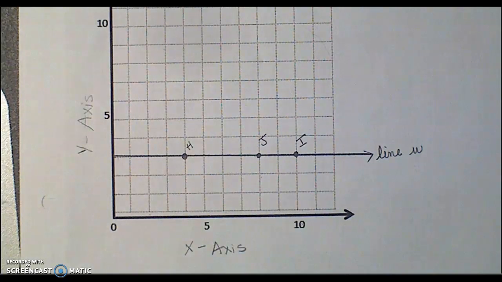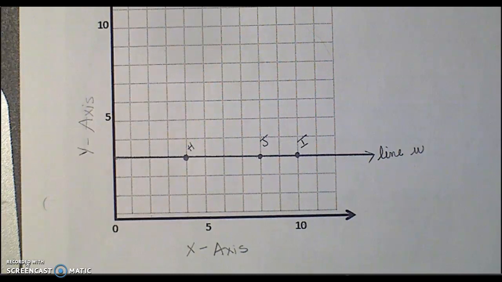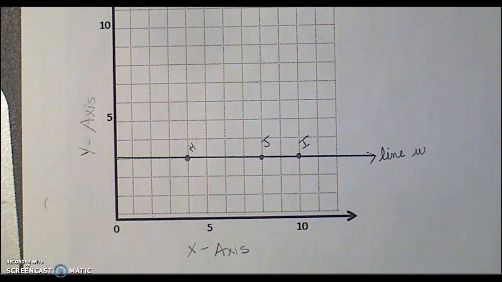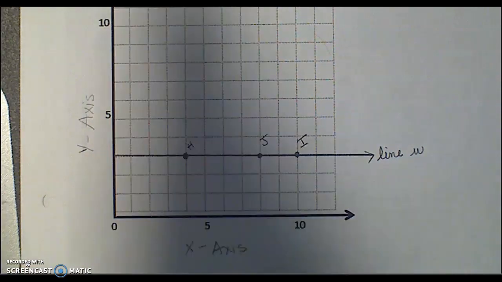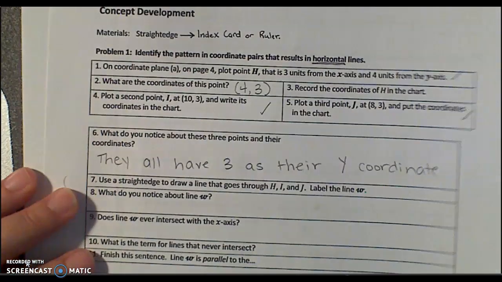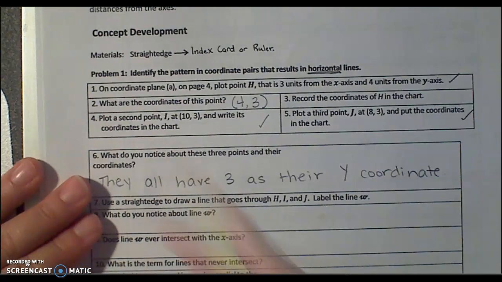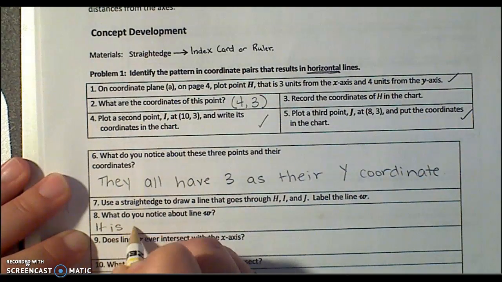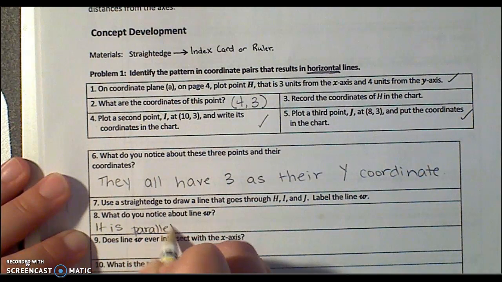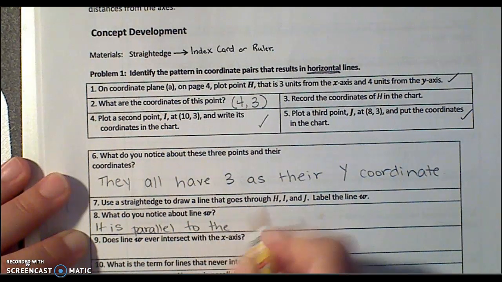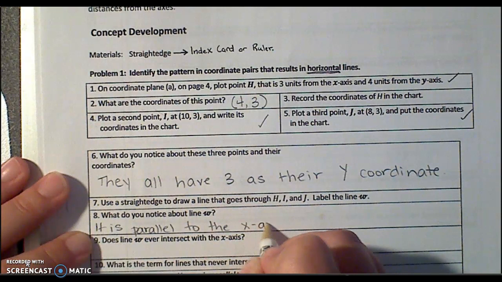What do we notice about line W? What do you notice about line W, Miss Purdy? Well, I noticed that it is parallel to the x-axis. That's one thing. And it looks like all of them have the same y coordinates. Okay? So over here on our paper, it says, what do we notice? Well, Miss Purdy notices it is parallel to the x-axis.